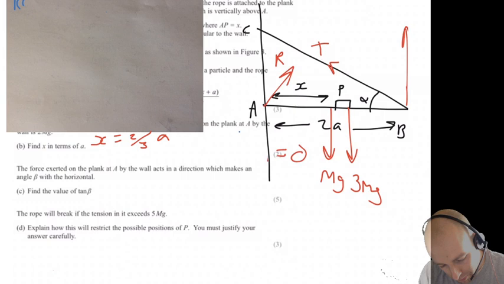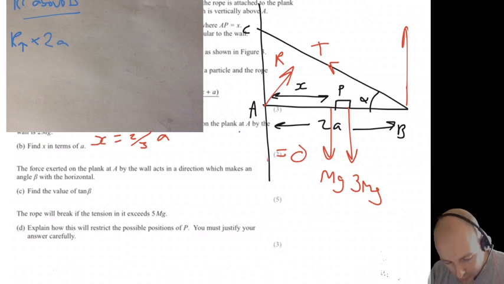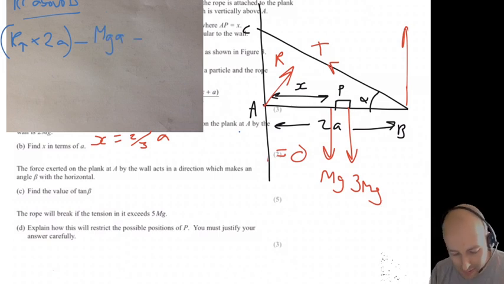Clockwise about B, we're going to get R up times 2a minus mga minus 3mg, and then the distance.